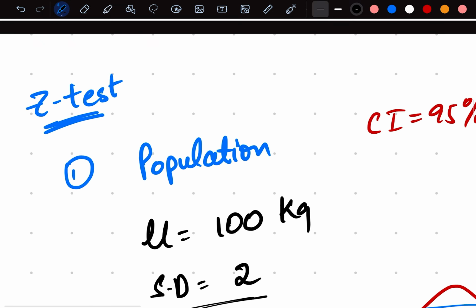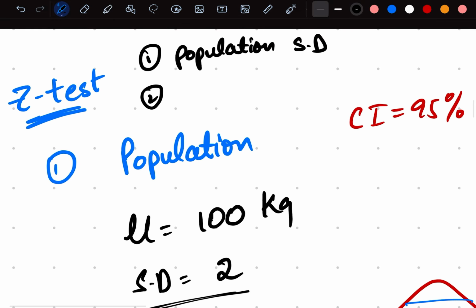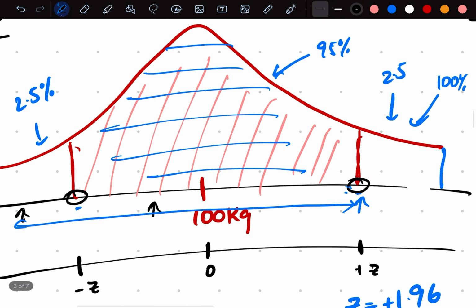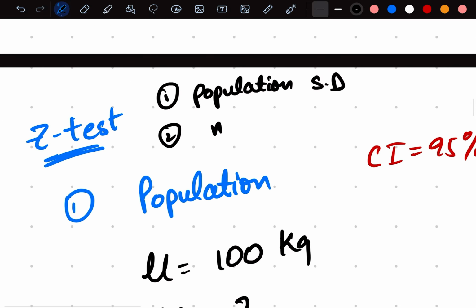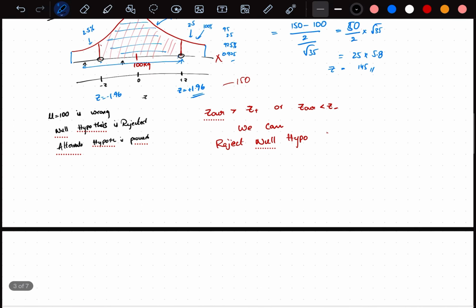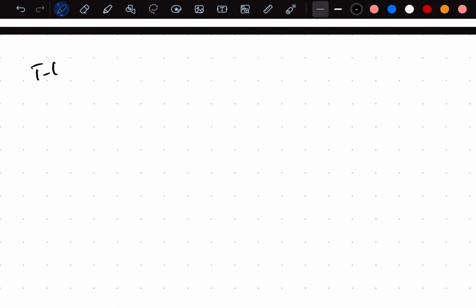The two main constraints are: you need to know the population standard deviation, and the sample size should be greater than 30. So these two constraints should be met, or else you can't use z-test. So that's where t-test comes into the picture.